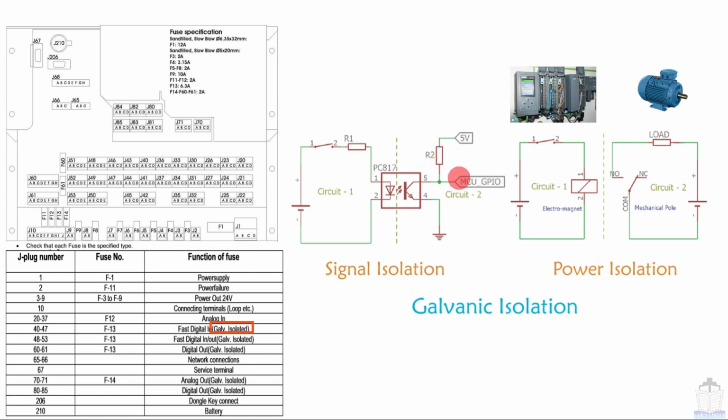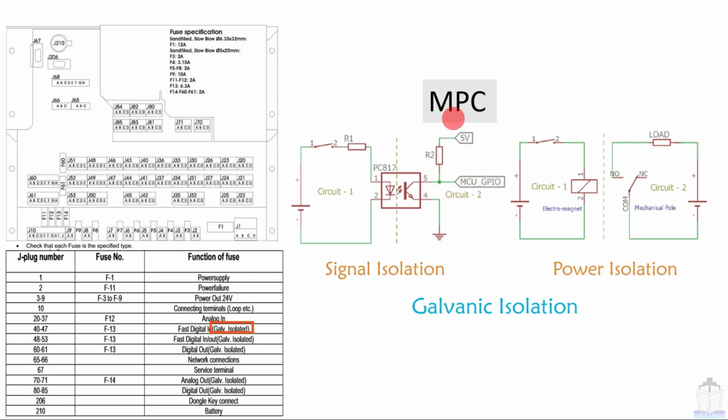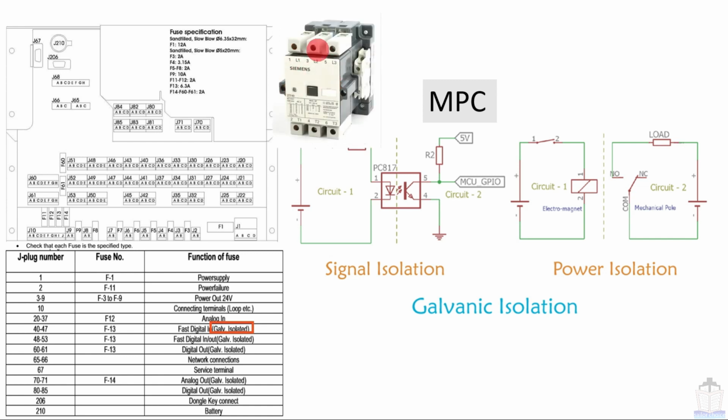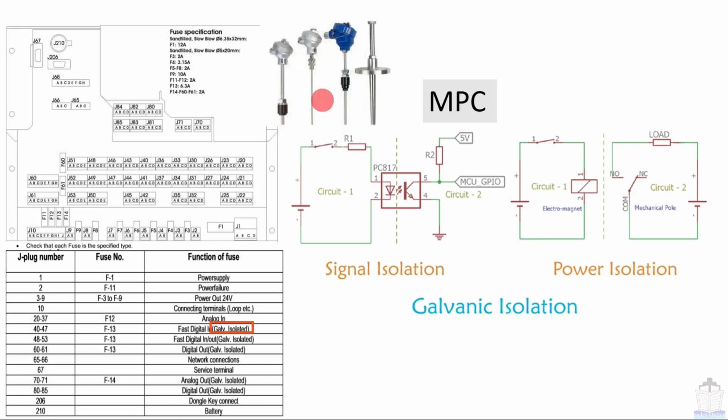This part is representing the MPC and this part is representing various sorts of digital or analog inputs. For example, this is the pressure transmitter, it is representing analog inputs. This is the magnetic contactor, this represents digital inputs. This is a float sensor, so this one is a digital input.